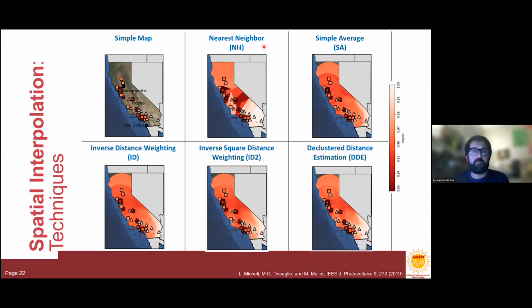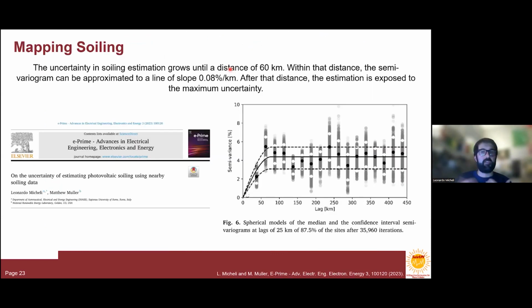So most people try to use the nearest neighbor, and my colleague Matthew Mueller and I really wanted to help the industry by providing them with information on how reliable this type of approach is.